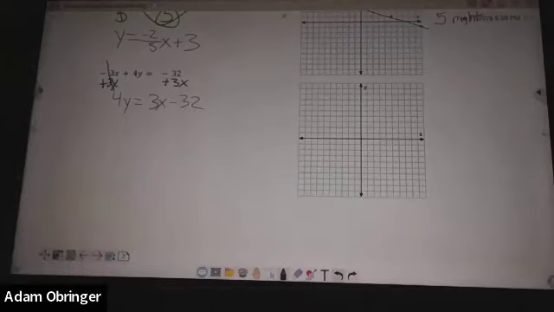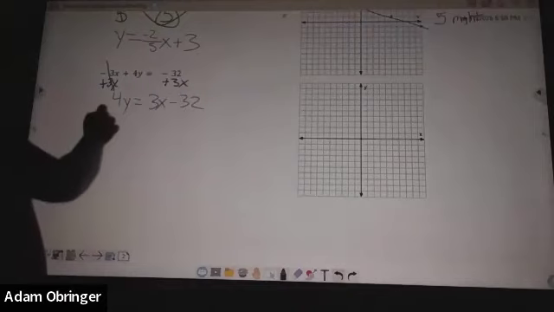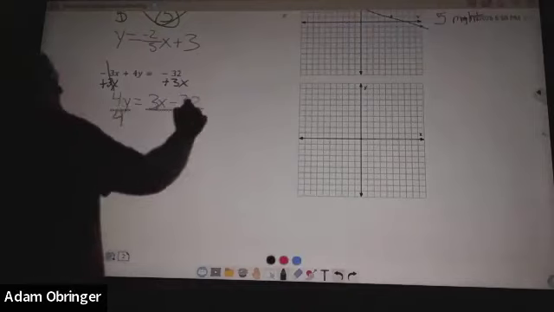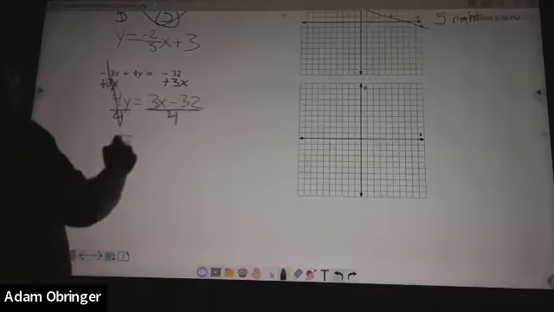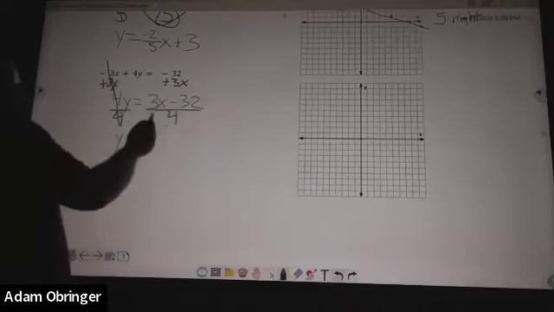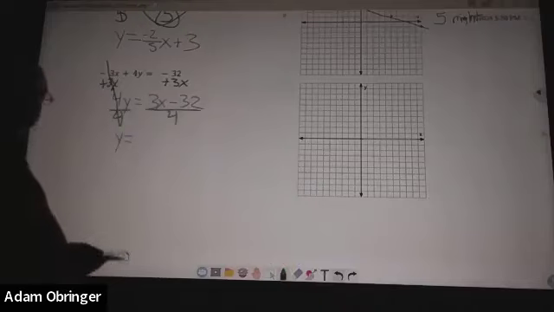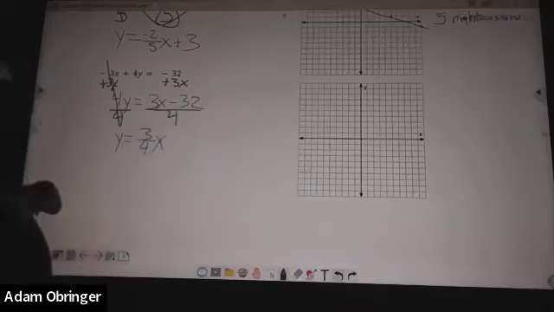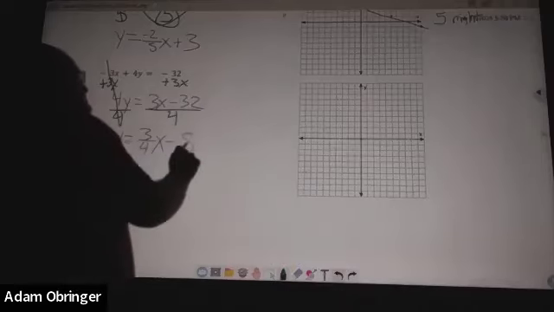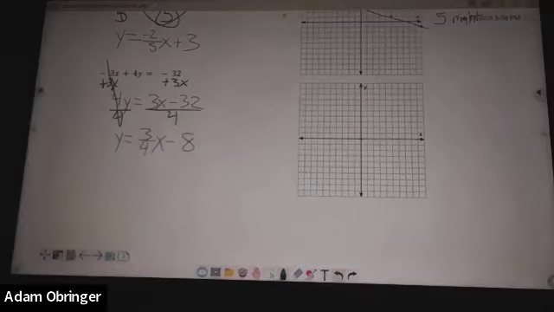We have to cancel the number in front of the y. So this 4, we need to divide it away. Y equals 3x divided by 4 doesn't really divide, so you would just leave it as 3 over 4. And negative 32 does divide by 4. So you get a negative 8.